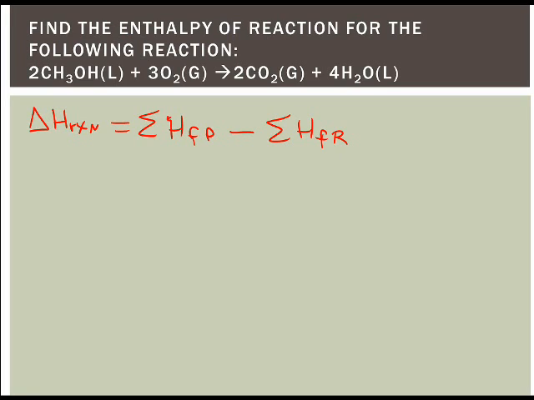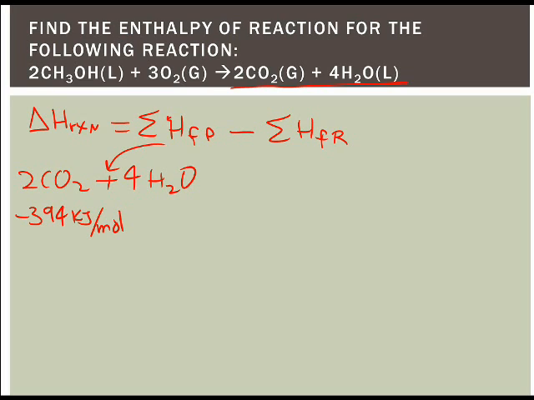For the heat of formation, we just look at a table. So let's look at the heat of formation for the products, CO2 and H2O. We have 2 CO2 plus 4 H2O. What is the heat of formation for carbon dioxide? Heat of formation for carbon dioxide is minus 394 kilojoules per mole.